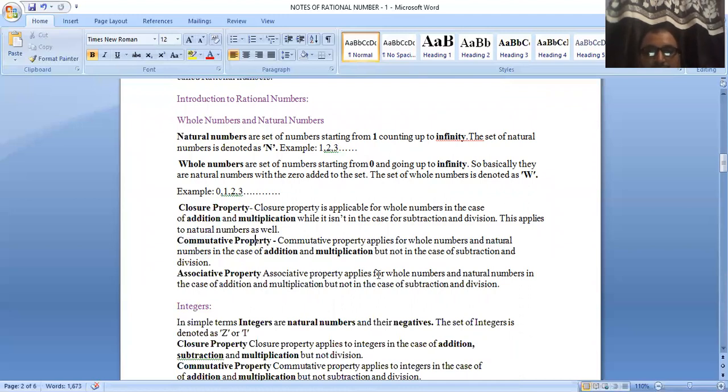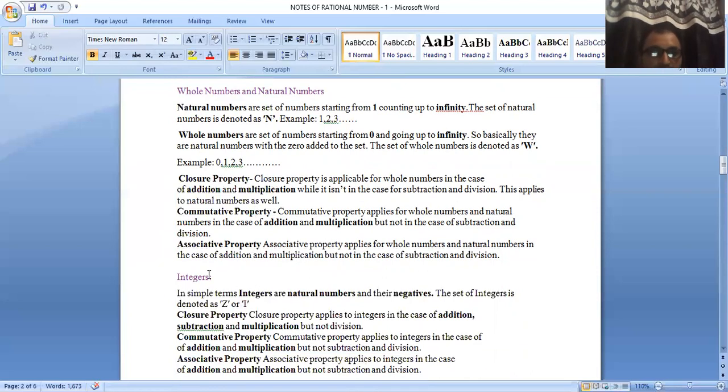Associative property applies for whole numbers and natural numbers in case of addition and multiplication, but not in the case of subtraction and division. We can say commutative property and associative property are closed under addition and multiplication for whole numbers, but not applicable under division and subtraction.